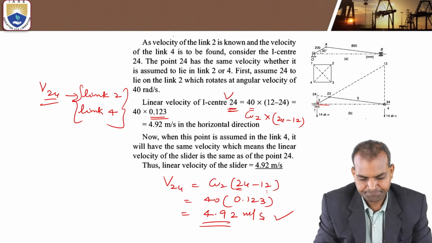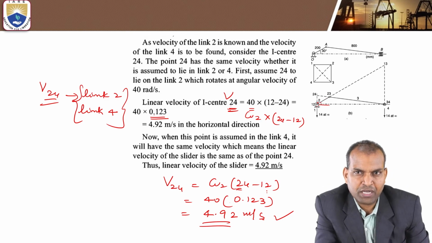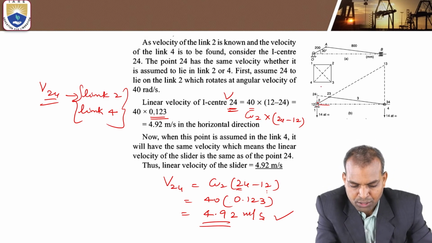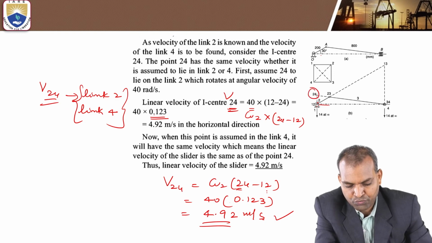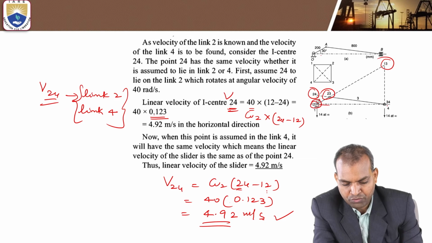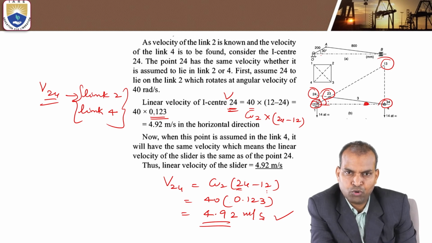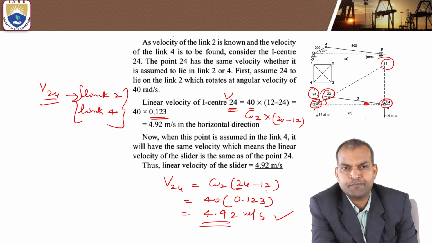Okay, so at this particular instant we are finding out the I centers 24 and 13 here, and 23, 12, 13, 34. If the instant position is changed, if the angle is changing, the location of the I centers will change.